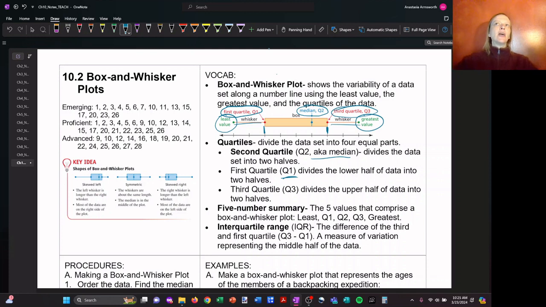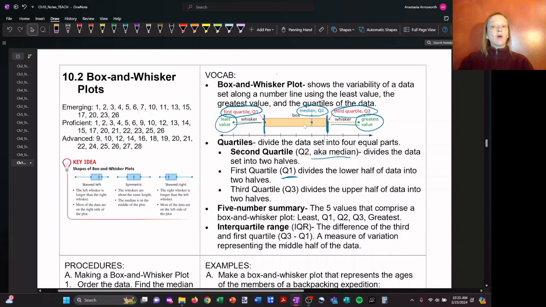That ignores any extreme values you have at the ends. You're looking at just the variation in the middle half of the data set, because 50% of the data points are represented by the box in a box and whisker plot.